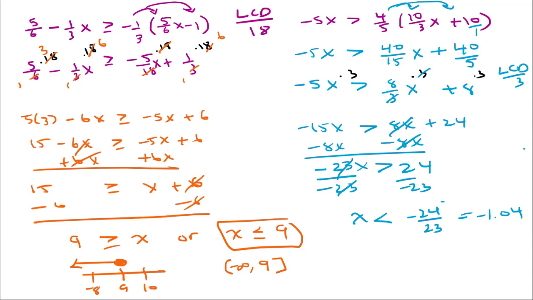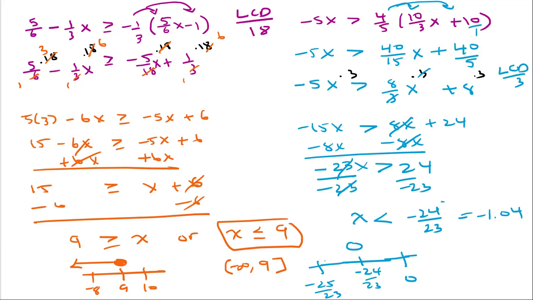All right. So when we graph it, we have that negative 24 over 23. So that's negative 1.04. So that means 0 here will be on the right, right? And then you can just say negative 25 over 23, or you can say negative 1.05 or something. Okay.